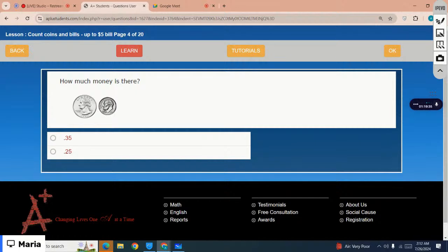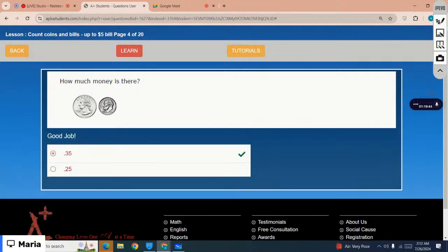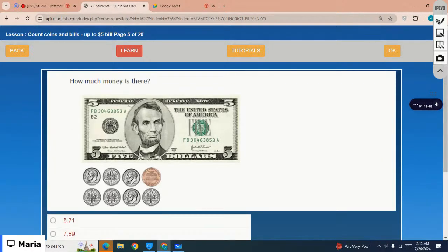Option number 1 is the correct option, right? One of the coins is a nickel, one is a quarter, and one is a dime. So that is 0.35. Okay, how much money is there? Which is the correct option?